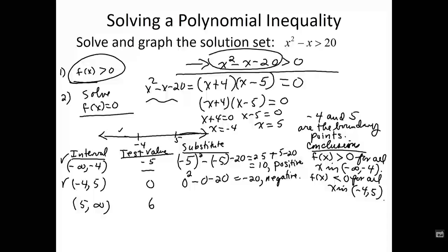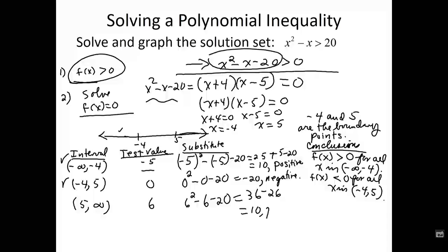So we have 6 squared minus 6 minus 20. So 6 squared is 36 minus 26, which is what? 36 minus 26 is 10.